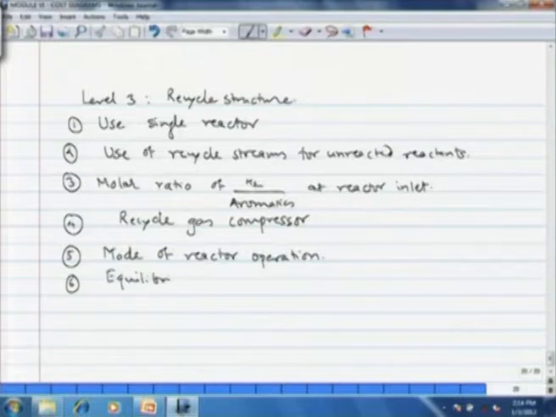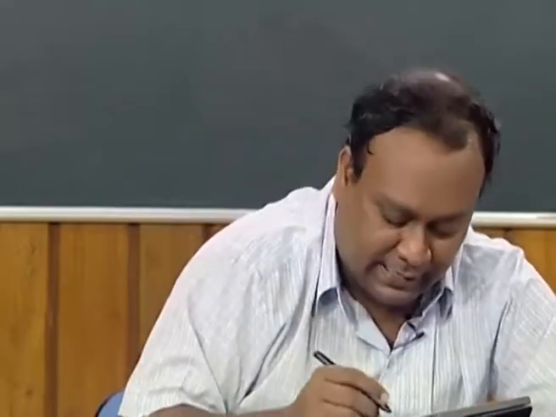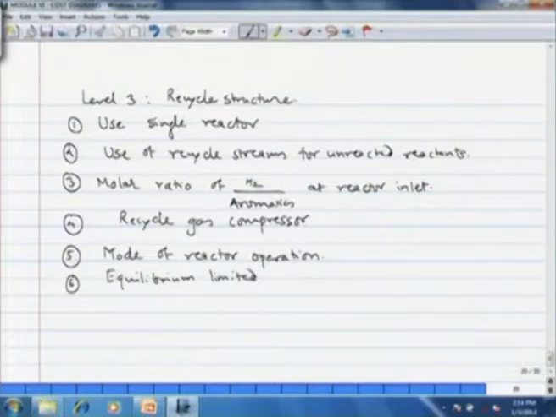If any product is reversible, then how can we minimize the production of that particular byproduct by shifting the equilibrium to the favorable side.